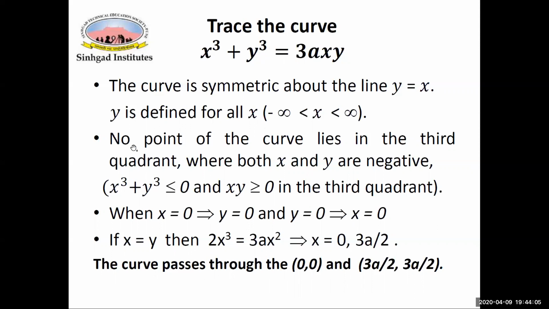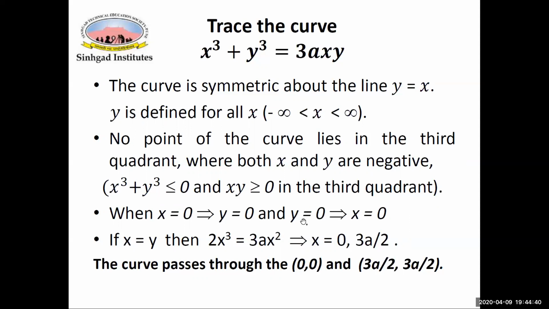It will not have any point lying in the third quadrant, where both x and y are negative, which indicates x cube plus y cube is less than 0 and xy greater than 0. So you have negative equal to positive, and hence there does not exist a curve in the third quadrant. Now substitute x equal to 0, you'll get y equal to 0. Hence your curve passes through origin.